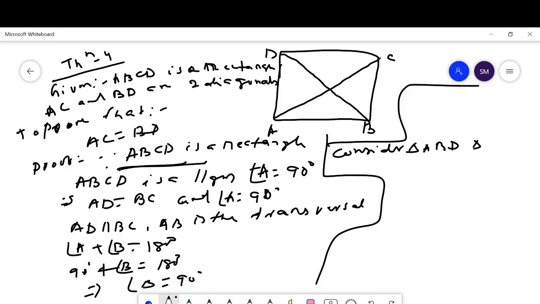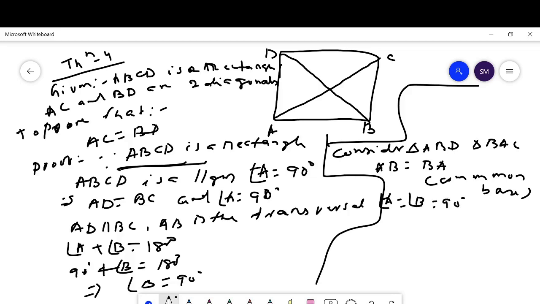In the triangle BAC, AB is equal to BA, the common base. Then here angle A is equal to angle B is equal to 90 degrees and AD is equal to BC, given.